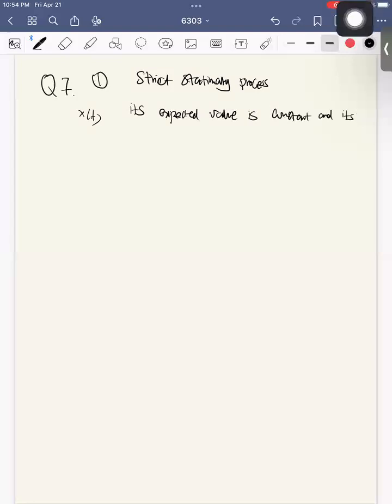So for the first property, to prove it is a stationary process, we have for X(t), its expected value is constant and its autocorrelation depends on t2 minus t1 only.